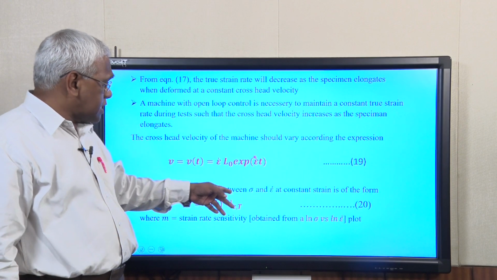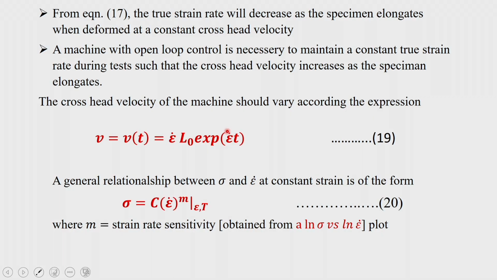The general relationship between the flow stress sigma and strain rate at constant strain is of the form sigma is equal to C into epsilon dot raised to the power m, at a constant strain and temperature, where m is called the strain rate sensitivity.